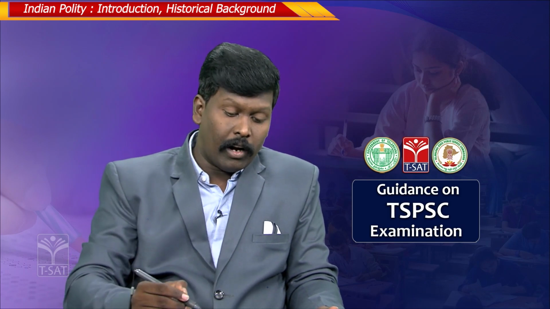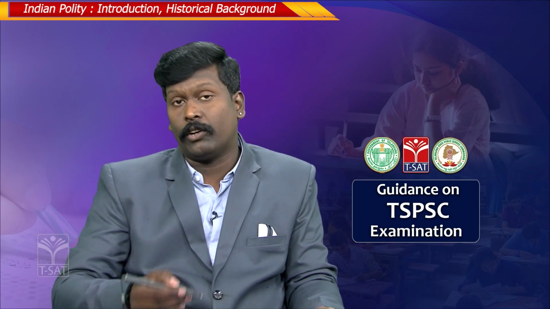Because of this, the act is also called the Act of Good Government in India. And this act is a result of the Sepoy Mutiny of 1857. The major reason for this act is the Sepoy Mutiny of 1857.